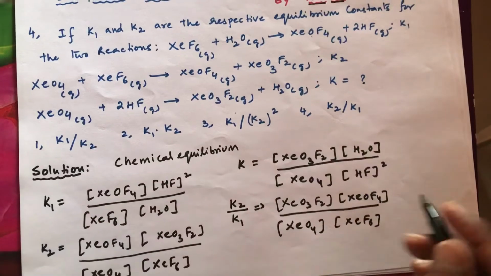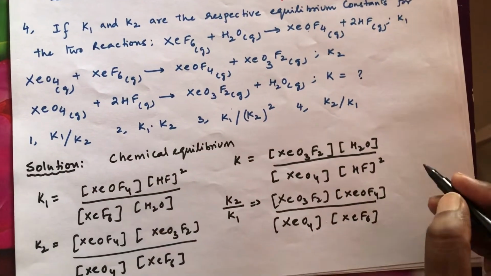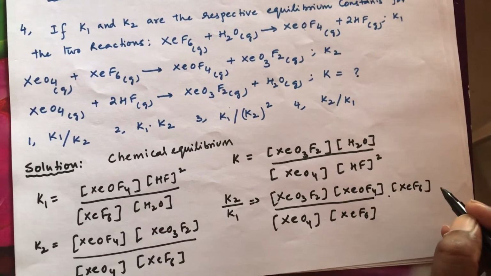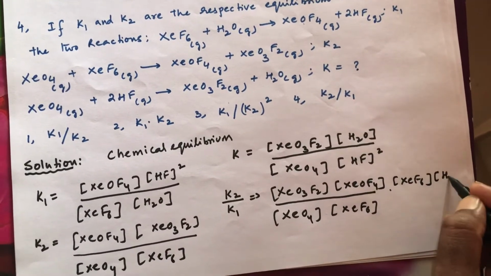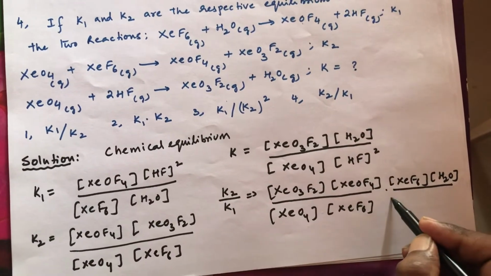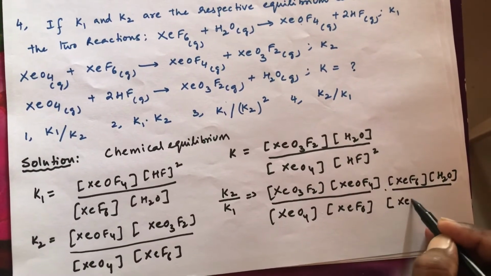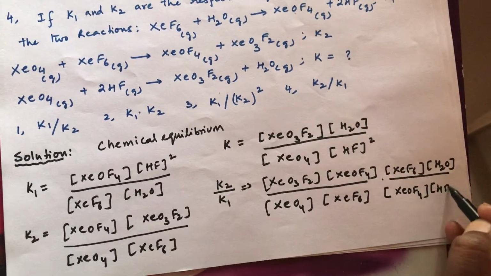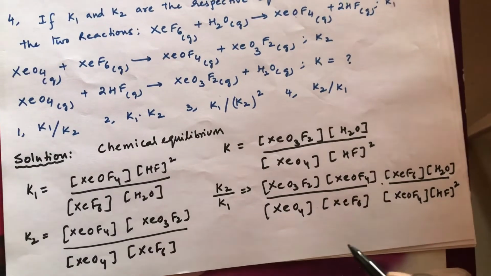For K1, invert this, then what will we get? XeF6 concentration into H2O concentration divided by XeOF4 concentration into HF whole square.